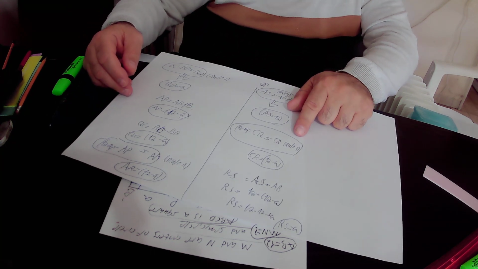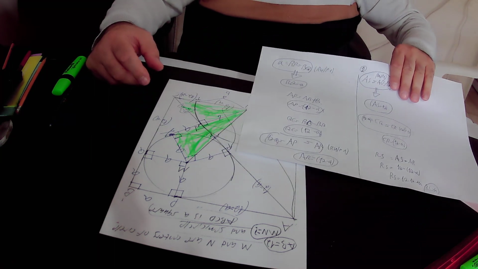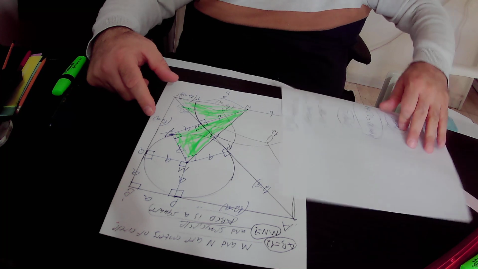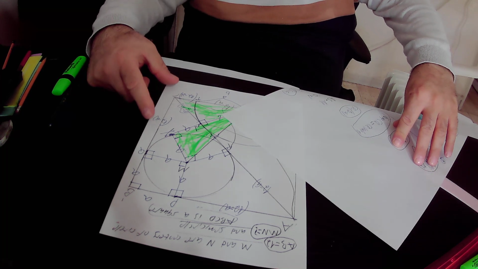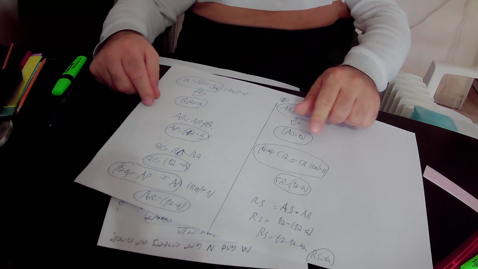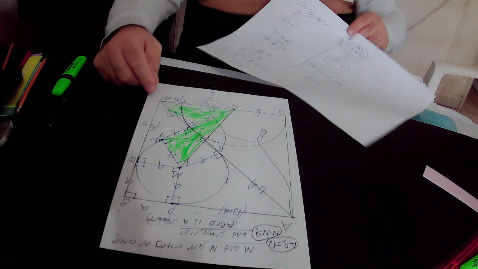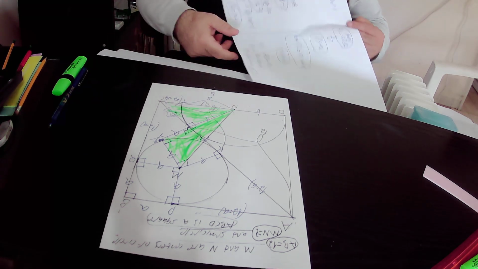But we have already found out that CQ is equal to 12 minus A. So from 12 minus A equals CQ equals CR, we conclude that CR is also equal to 12 minus A.